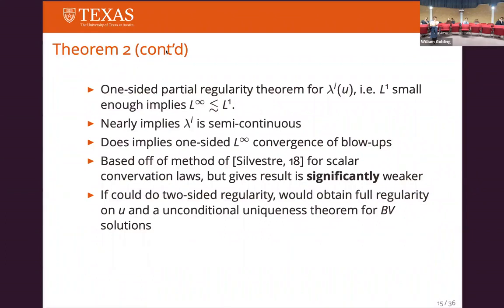If anyone has any idea how to do better, of course, I'd be very interested. Basically, if you can do both sides, what you get is an unconditional uniqueness result for small BV initial data. So, fully rule out any convex integration of small shocks, for example. Or at least you rule out physical convex integration of small shocks. That was the original goal, but sadly we didn't actually get to that full result.